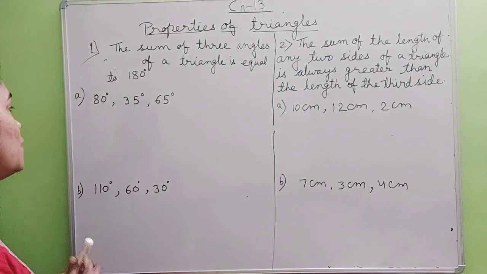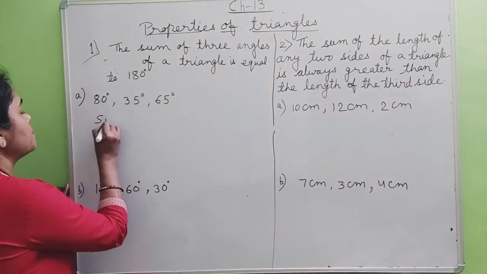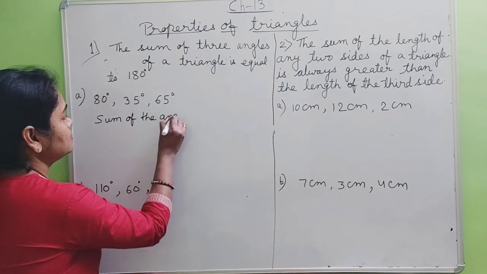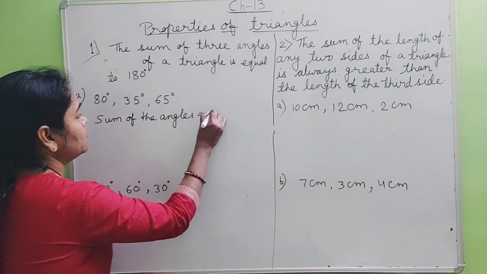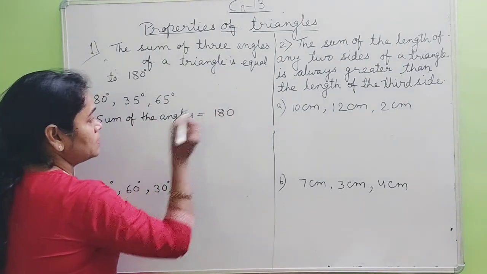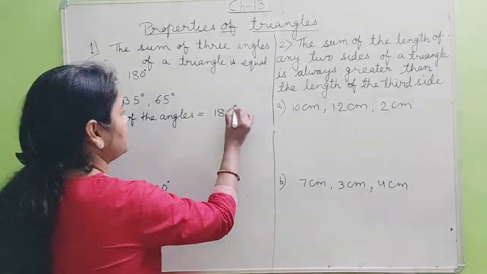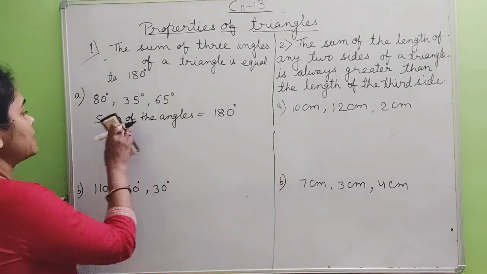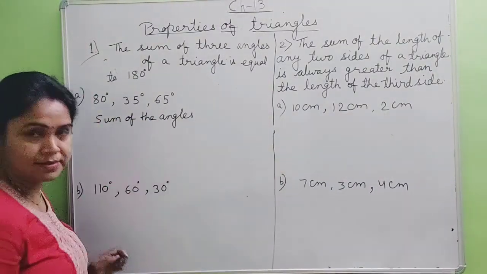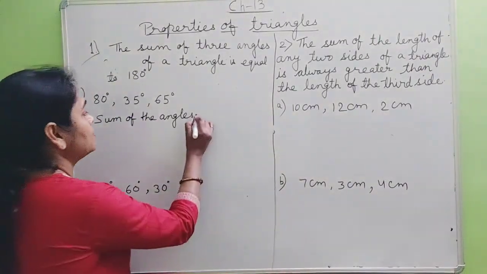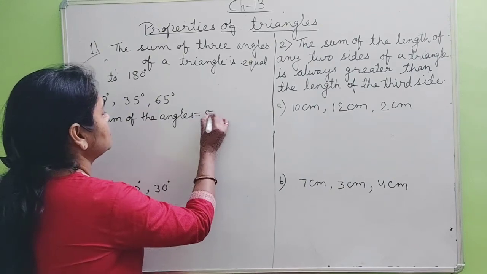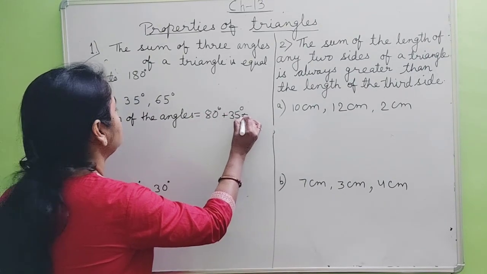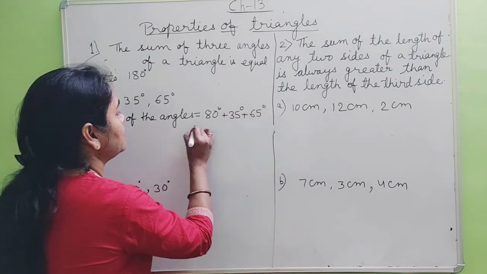So we write: sum of the angles equal to 180 is required. We will try to find the sum of the angles. It is 80 degrees plus 35 degrees plus 65 degrees.